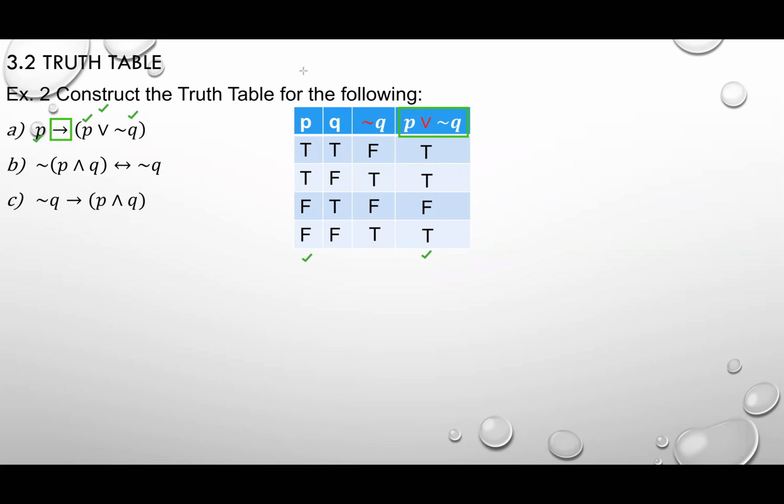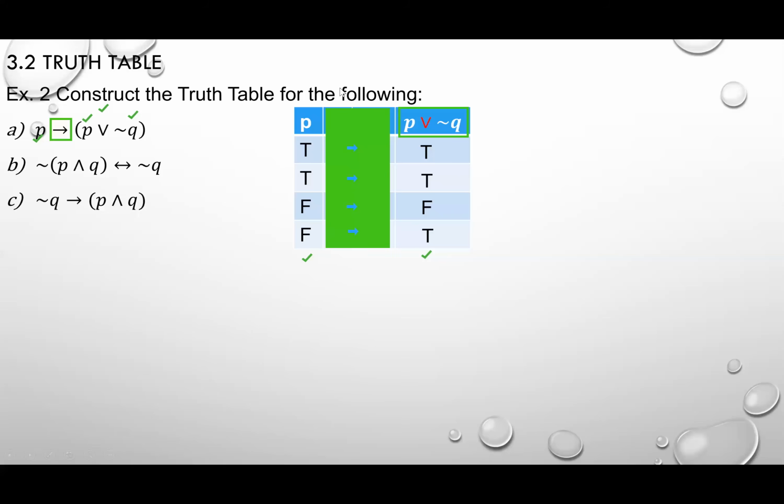If we connect those items, let's block the things we don't need. Now I need to look from left to right. Remember the criteria for the if-then: the only time it is false is when the first thing is true and the second one is false.